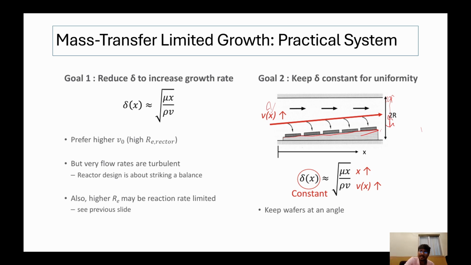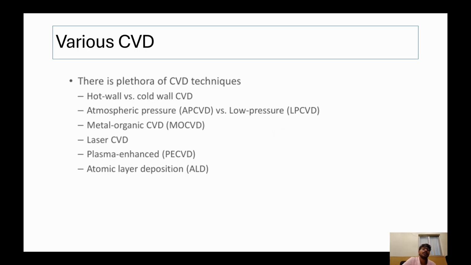There are several other things as well, no need to go into that much detail. Also there are various CVDs, hot wall and cold wall CVDs. Hot wall means you are heating the whole chamber, and cold wall CVD means you are just heating the substrate. Atmospheric CVD is where you are doing that at atmospheric pressure.